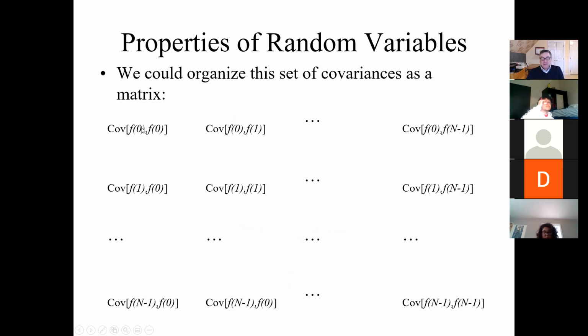The covariance of time 0 with itself, which would be its variance, and time 1, and so forth. All the way down the diagonal, we have the variances of the individual elements. But in the off diagonals, we have the covariances: F0 with F1, F0 with F2, F0 with F3, all the way down to F0 with the last element in the signal, and so on.